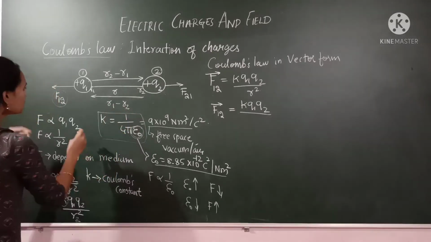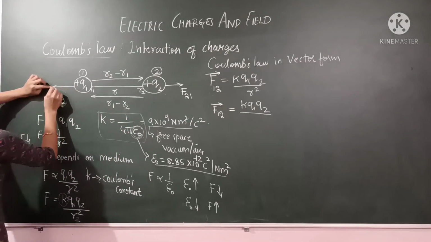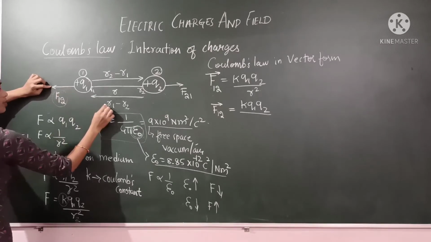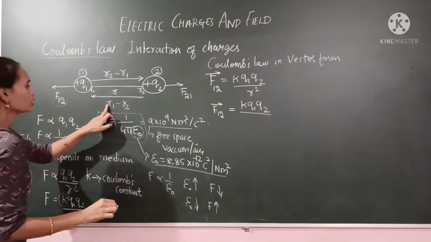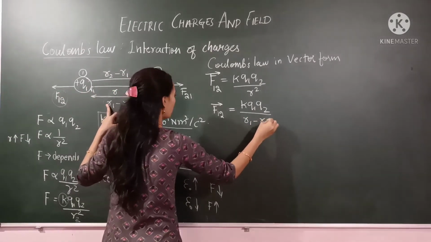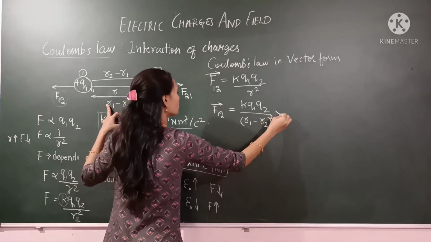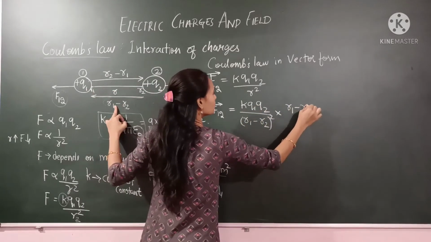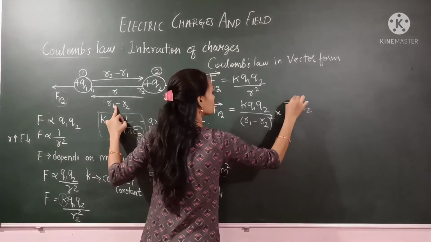This is in this direction and this is also in the same direction. These two are in the same direction, so we take this vector, R1 minus R2 whole square multiplied by R cap, the unit vector of R1 minus R2.